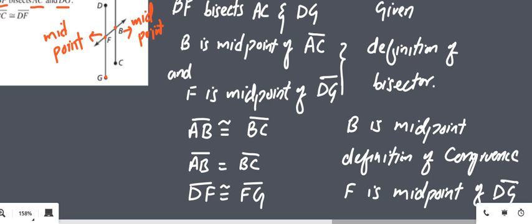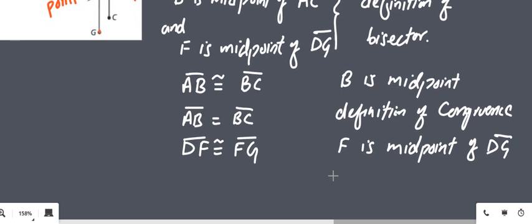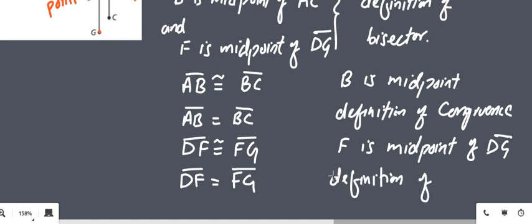And by the definition of congruency, we can write BF equals FG, definition of congruence. Is it clear? Yeah.